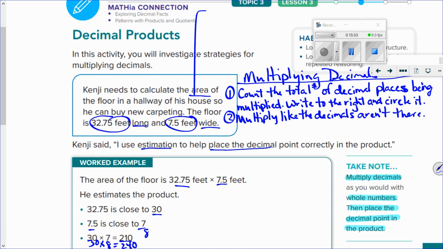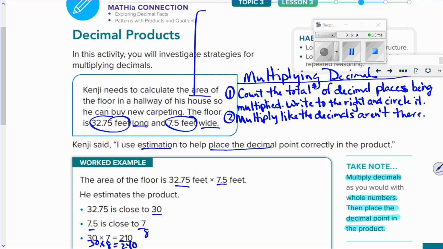Which brings up the next point. Do I have to line up my decimal places to multiply? No, I do not. Lining your decimal places is your rule for adding and subtracting. The rule for multiplying is different. I set it up just like if I was multiplying two whole numbers. The problem with lining up your decimal places is you're then going to add trailing zeros.